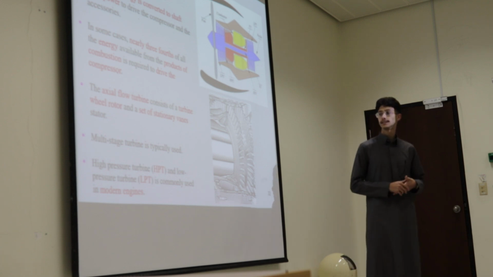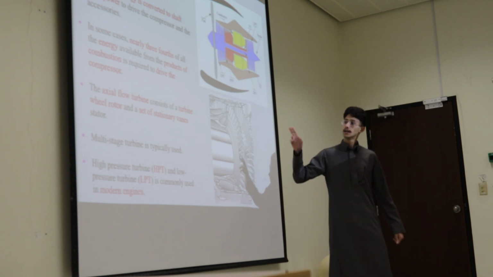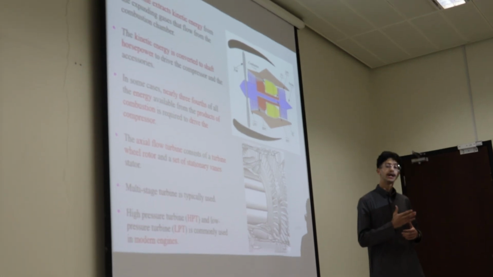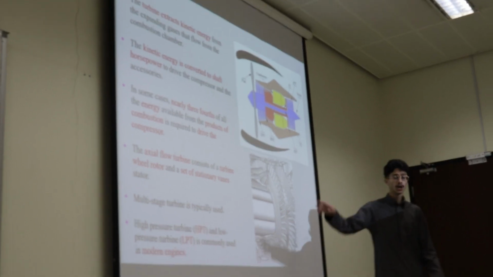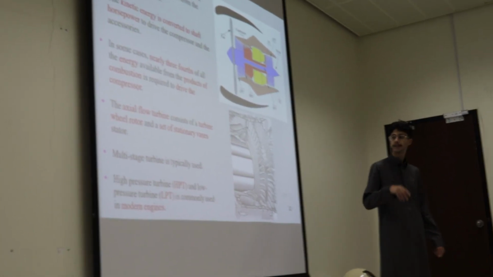It consists of an axial flow turbine that has two parts. The first part is the turbine wheel or rotors, which rotate and extract energy from the airflow. The other part is the stators, which direct the airflow efficiently to the rotating blades.